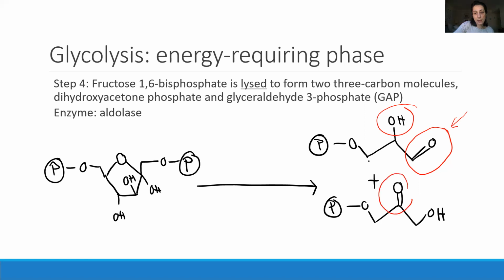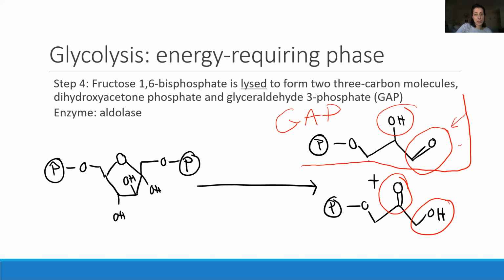And here we have a ketone carbonyl group, and here we have an OH group. So they've kind of flipped positions, right? The one on the top is our glyceraldehyde 3-phosphate. And I noted that we're going to end up making two of these GAP molecules. They are important.